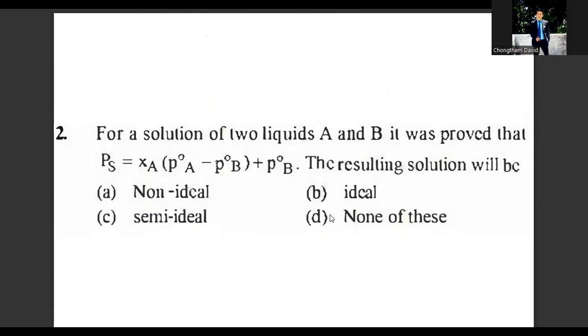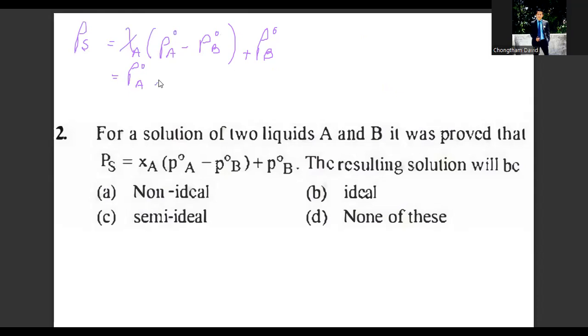So from the equation given by Raoult's law, you have the pressure of the solution as mole fraction of A times (P naught A minus P naught B) plus P naught B. This is the relation from Raoult's law by using Dalton's law of partial pressure. Then you open the bracket.